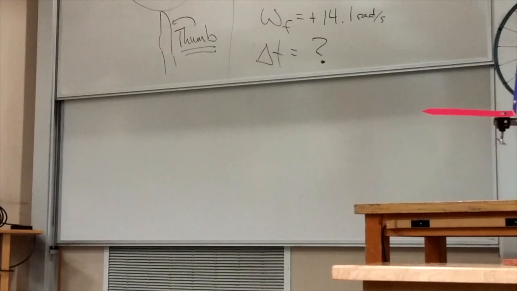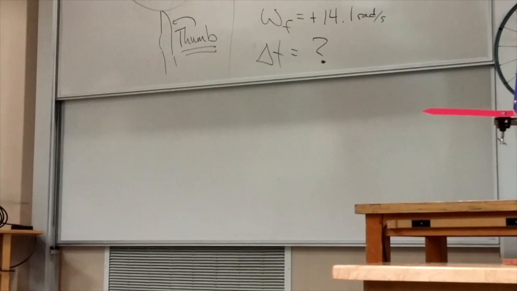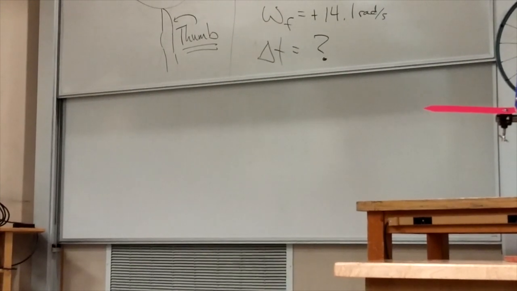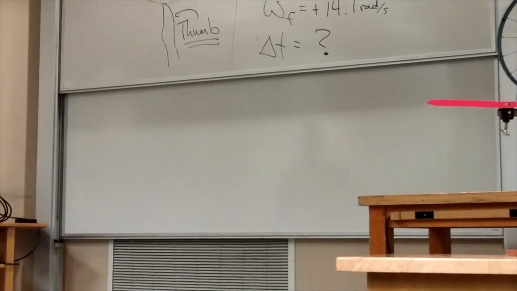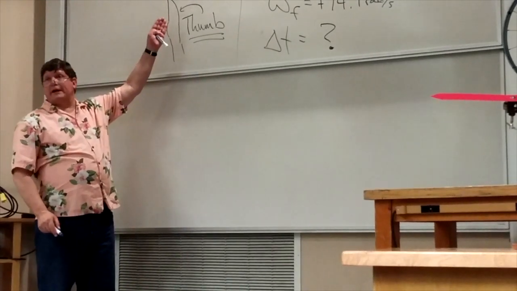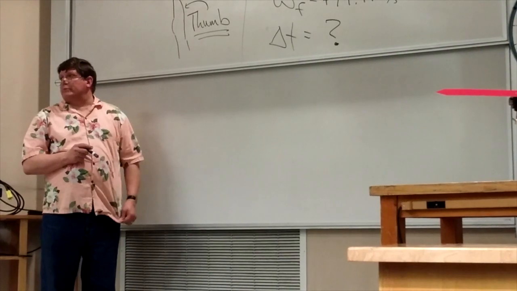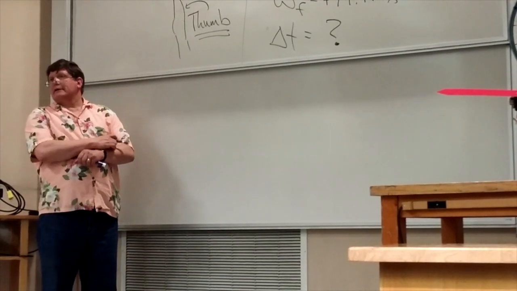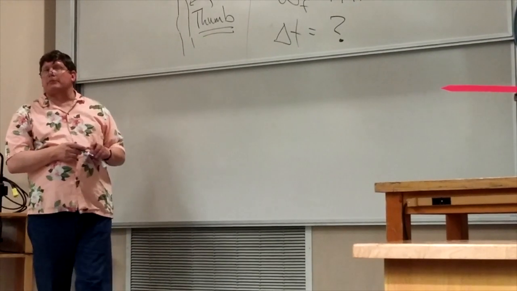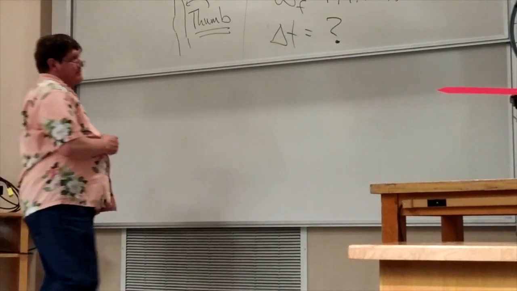If I did care, suppose I did, would that alpha be positive or negative? It would have to be negative because this wheel is slowing down and I'm calling my omegas positive, my alpha has to point opposite the omega. It would have to be a negative. But I don't actually, in this problem, care what alpha is. So let's find our time.